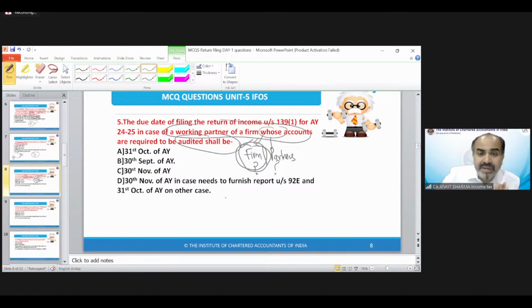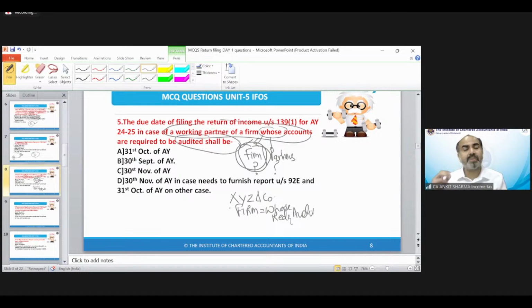Suppose there is X, Y, Z and company, a partnership firm, whose accounts are required to be audited. Then the return date of the working partner of this firm would be the same as the return date of that partnership firm. So what should be the correct answer? Arin is saying A. Please read all options before giving your answer.